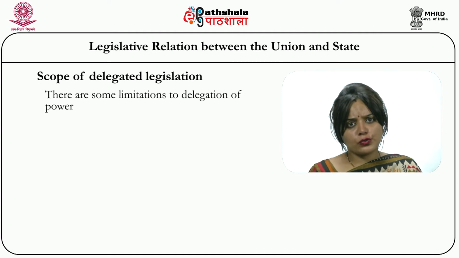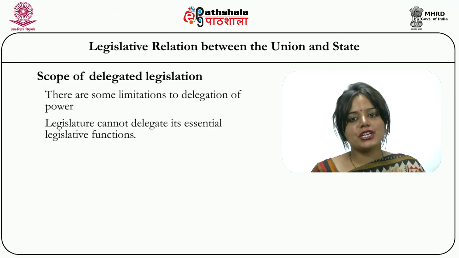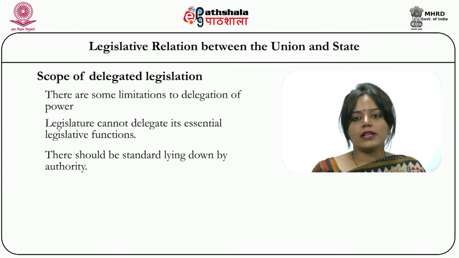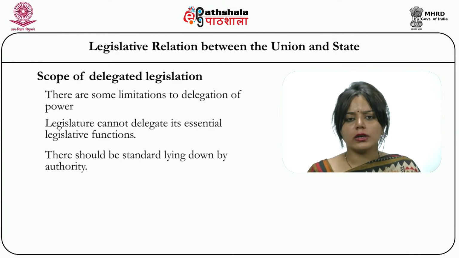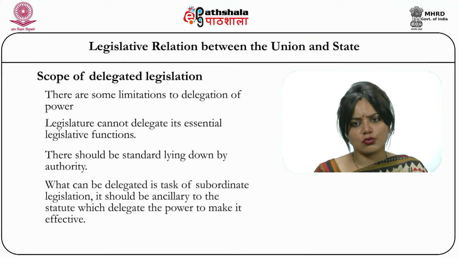The first limitation is that the legislature cannot delegate its essential legislative functions. Second, there should be a standard laid down by the authority. The third one, what can be delegated is the task of subordinate legislation.